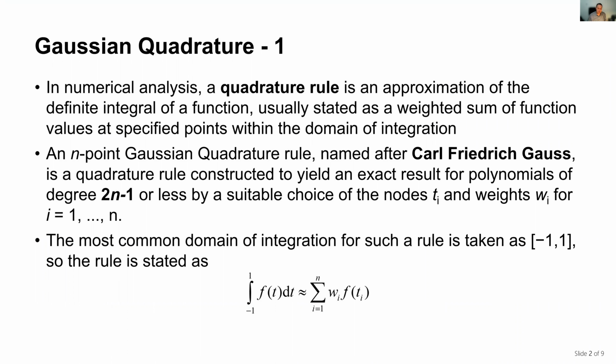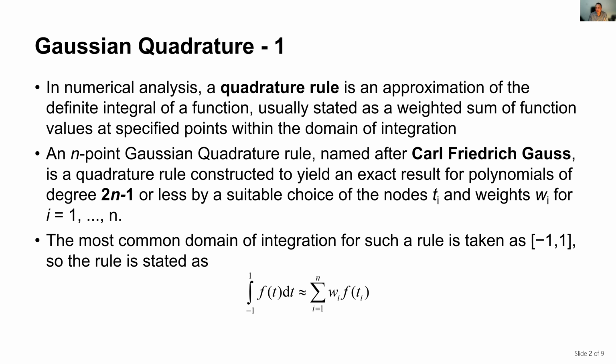A quadrature rule is an approximation of a definite integral of a function, which is usually stated as the weighted sum of function values at specific points within the domain of integration. An n-point Gaussian quadrature rule is a rule which uses n points.